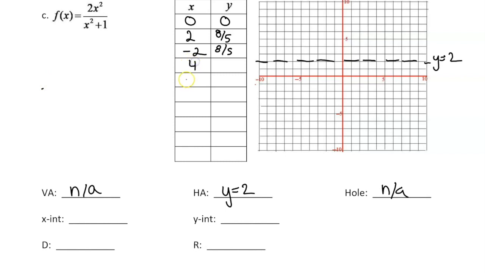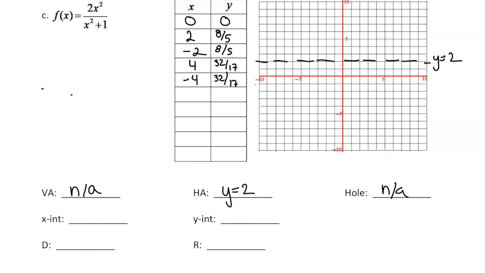If you want, we could look at another point, but I don't know if this is necessary. But you could say, well, what would happen at 4 and at negative 4? So if you did something like that, you would get 32 over 17. And if you did the negative 4, you know right away, because of our previous example, it's going to be 32 over 17 as well.